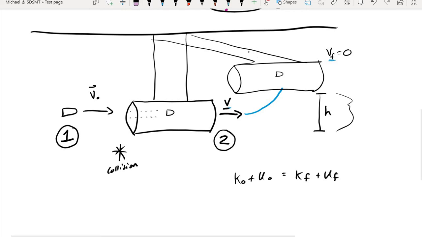So let's update this, and let's say that this is the velocity of the bullet at site 1. This will be the velocity of the log and bullet at site 2. And then up here, when we reach our maximum height, that'll be site 3. As such, we have a velocity at site 3, which is just the final velocity of 0.